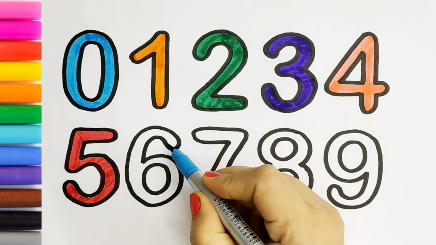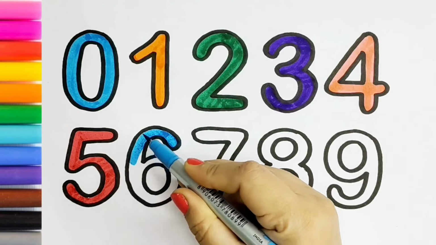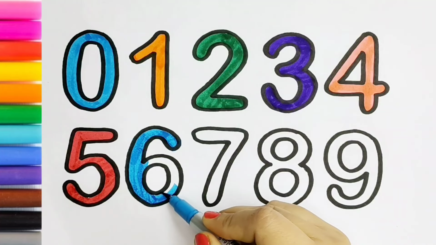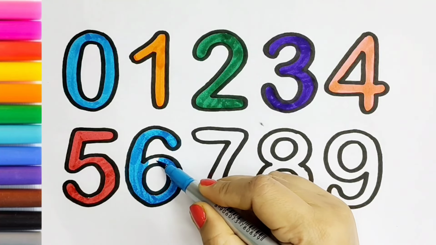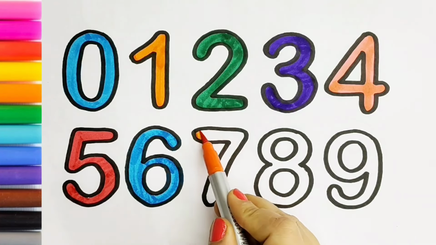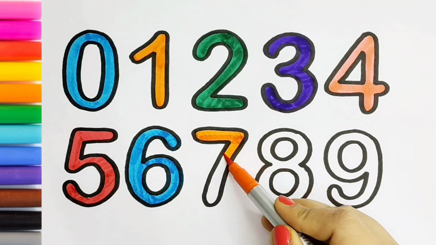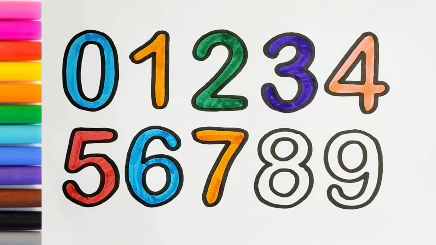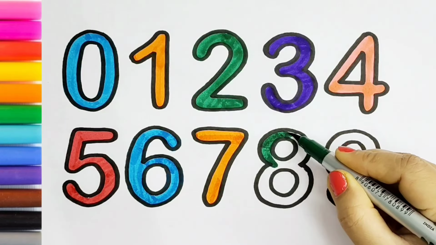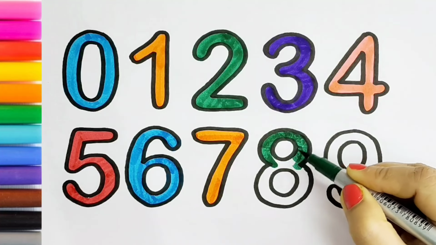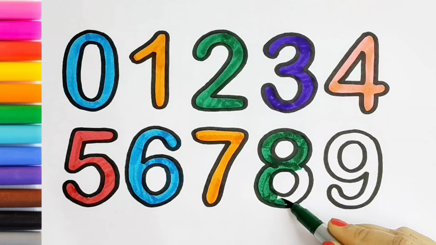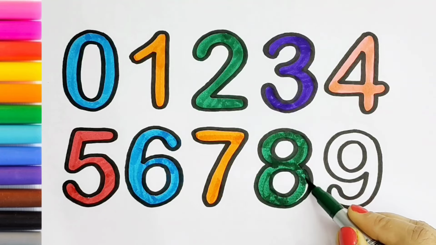Sky blue color, six. Orange color, seven. Dark green color, eight.